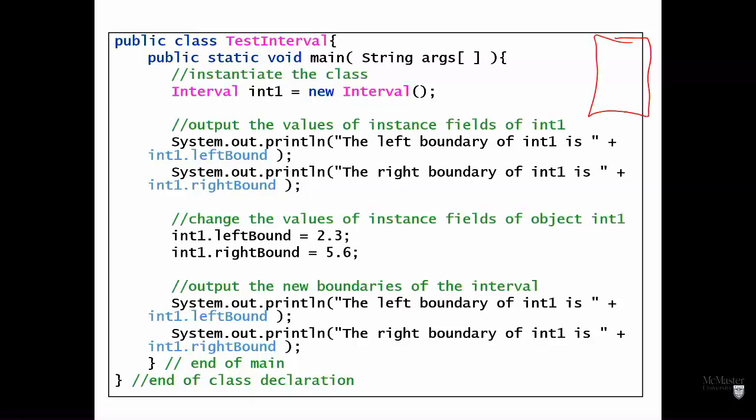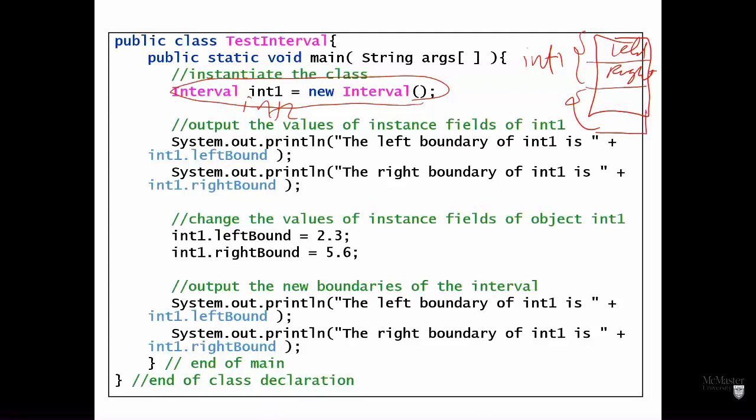By defining this thing here, you allocate a separate place in memory for int1, right? This is int1, and this has the left and right bound. If I define another one that I call int2, you allocate a separate place in the memory that has both left and right.